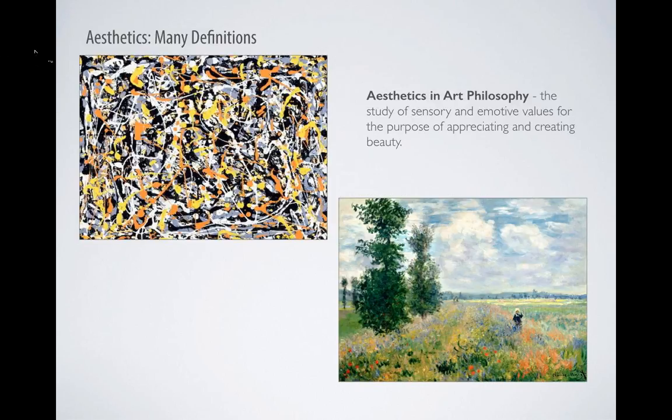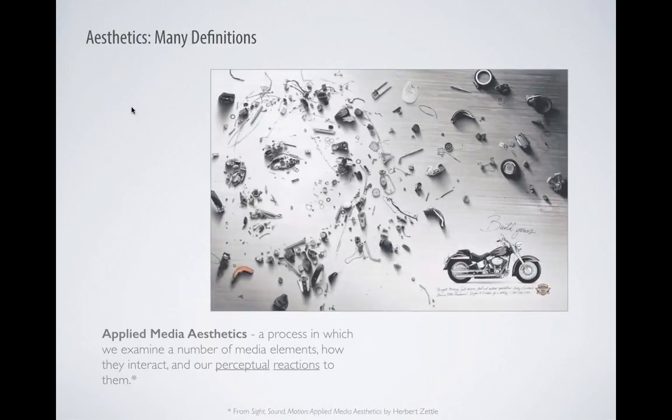And then the definition for applied media aesthetics is a little different. It's a process in which we examine a number of media elements, how they interact, and our perceptual reactions to them. What is the key difference between those definitions?